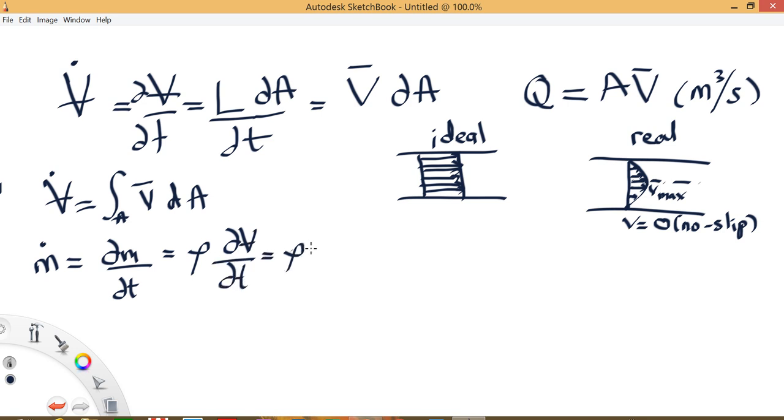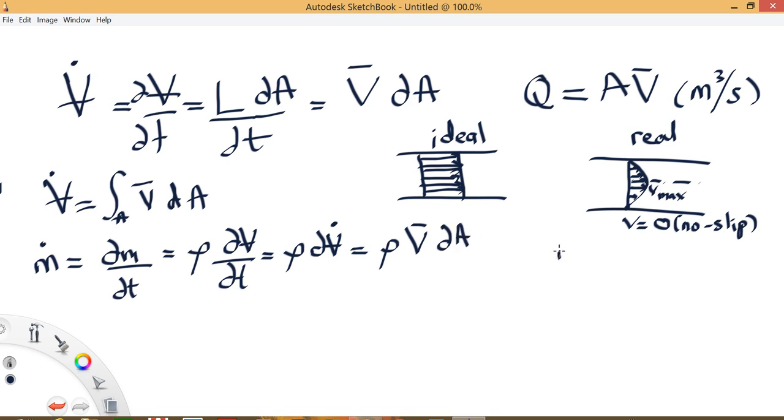So this is volume flow rate, which is rho v dA.